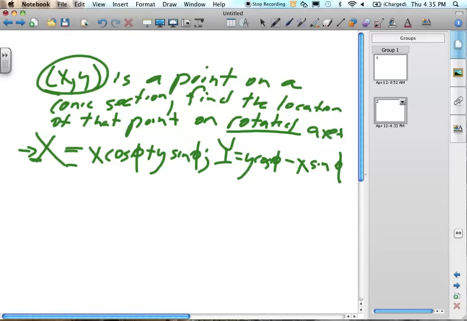Conversely, if we know these, we can go back to the original ones. Where x is equal to, this is the lowercase x, the coordinate axes we're used to dealing with, it's going to equal the x coordinate in the rotated one, cosine of the angle, minus the y coordinate of the rotated one, sine of the angle.